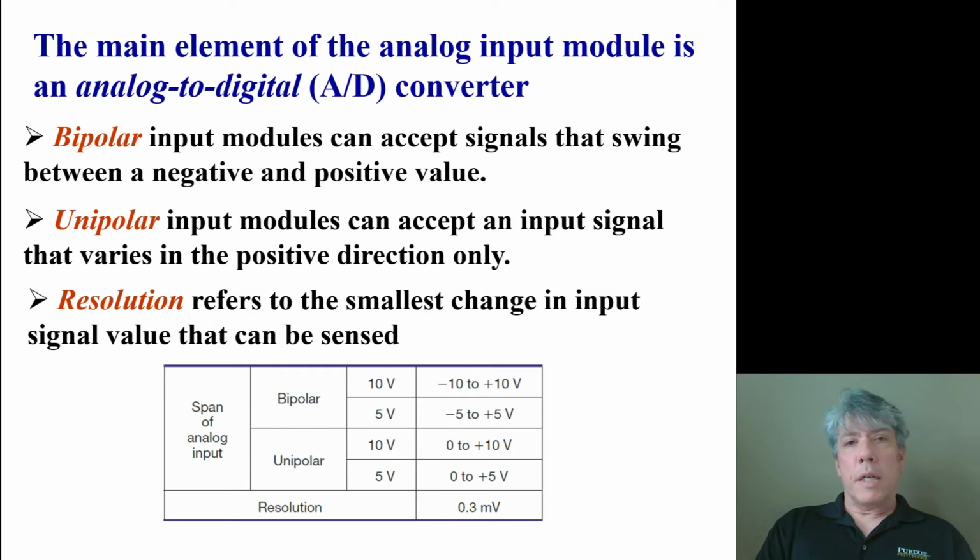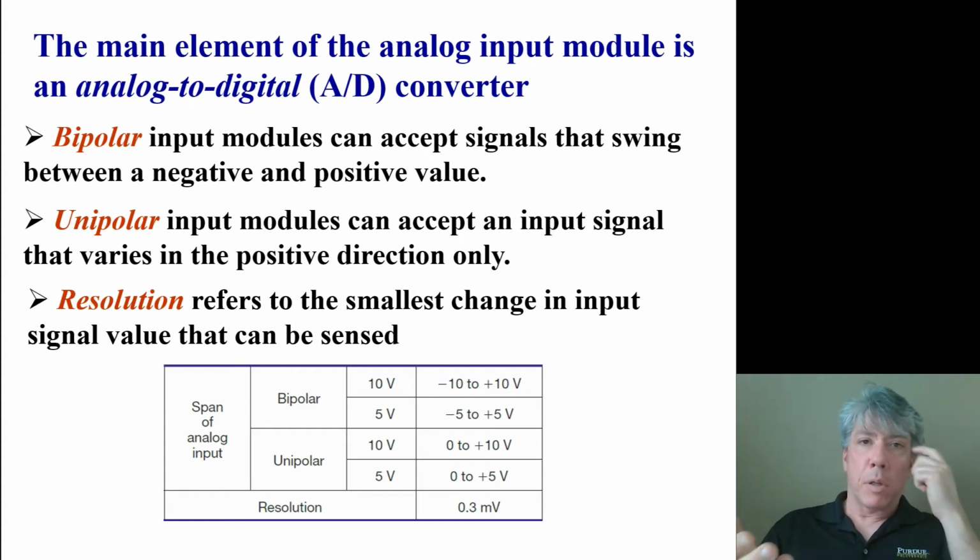Now, the heart of this whole process for the inputs is the analog to digital converter. It's a circuit that will look at the voltage or the current level and convert it into a number in the PLC. Now, there are different types of analog input modules. Some are bipolar, unipolar, and then resolution will refer to how sensitive these things are.